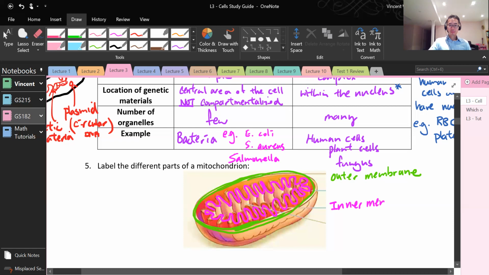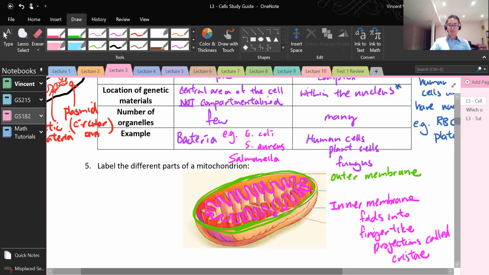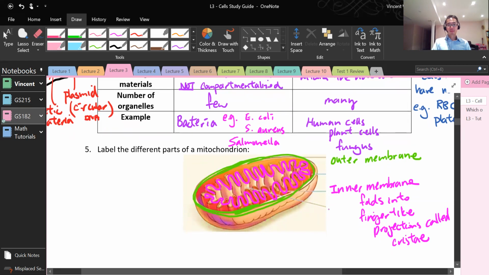It folds into finger-like projections called cristae. And that actually helps increase the surface area for reactions to take place.